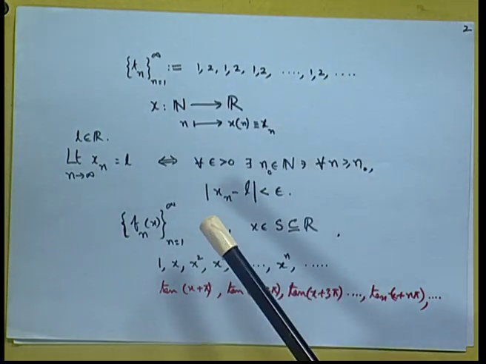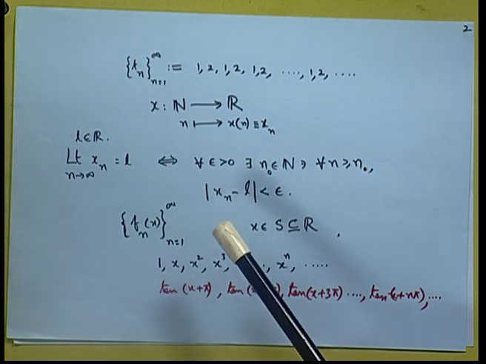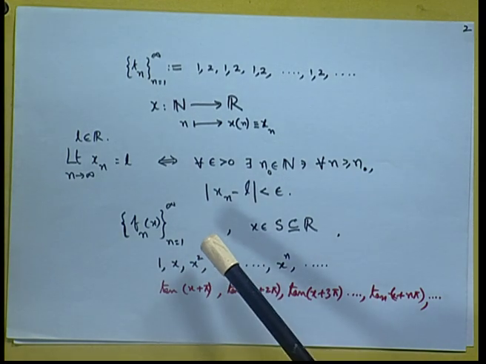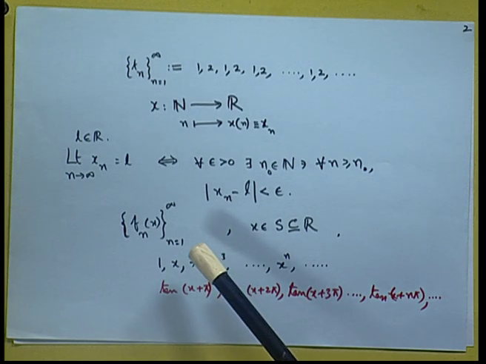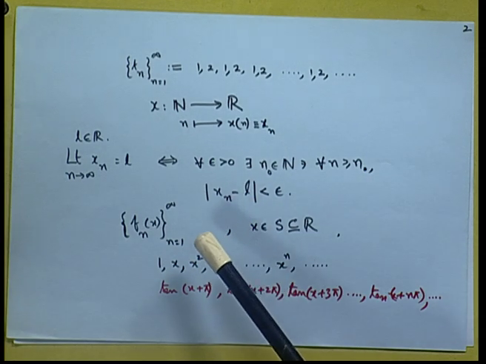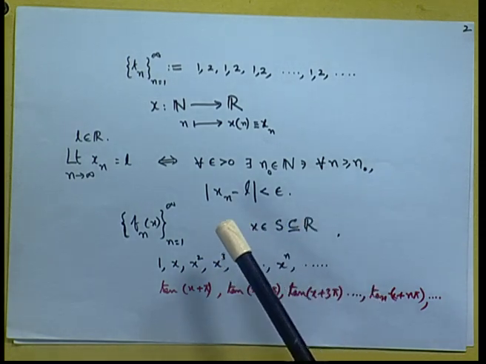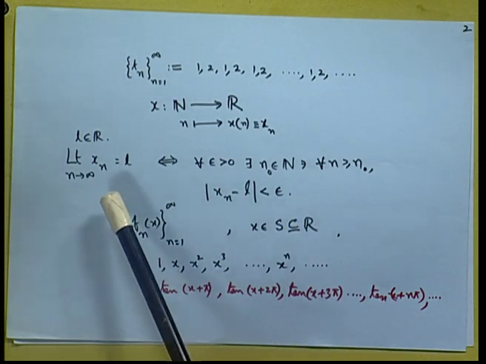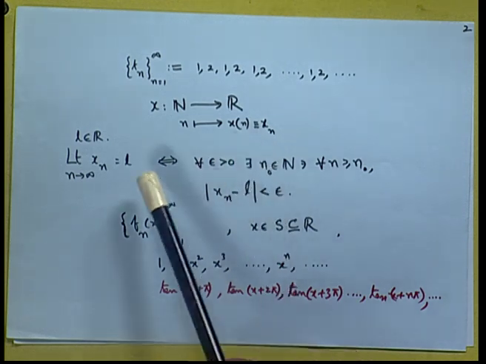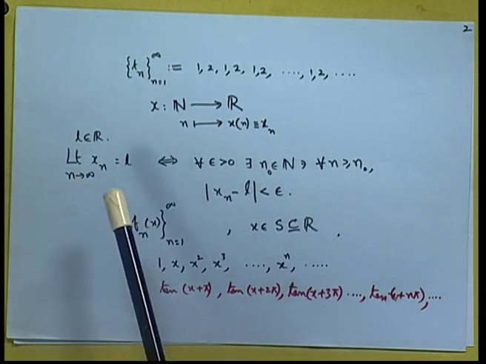Well, our objective of today's lesson is to know about point-wise convergence of sequences of functions and uniform convergence of sequences of functions. So, first of all, we look at the convergence of a sequence of real numbers.